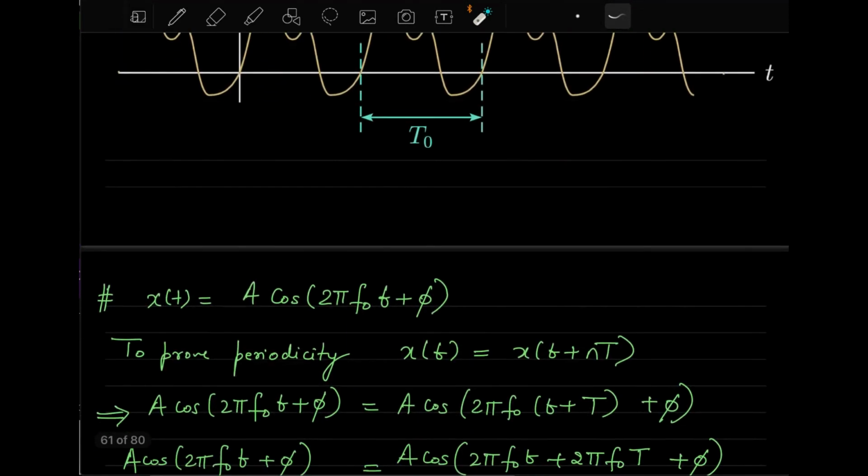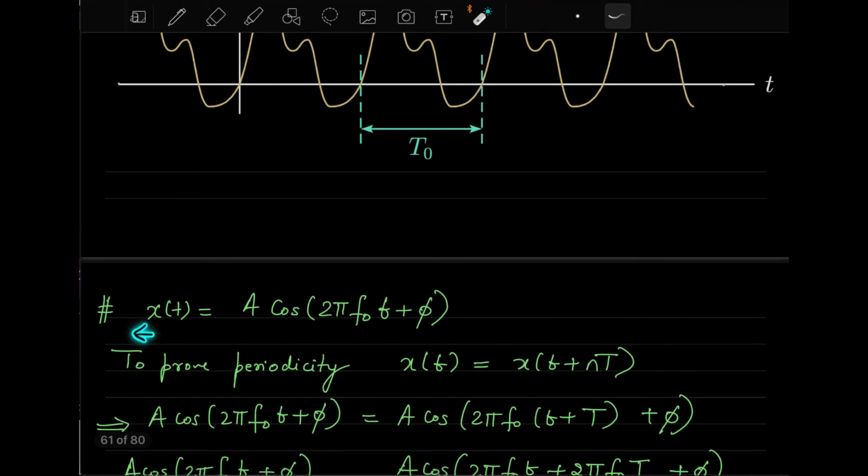If you have this signal x(t), given by A cos(2 pi f0 t plus phi), where phi is the phase, f0 is the frequency, and t is the time instant at which you have this cos function defined, and you want to prove the periodicity of this function, how will you do that?